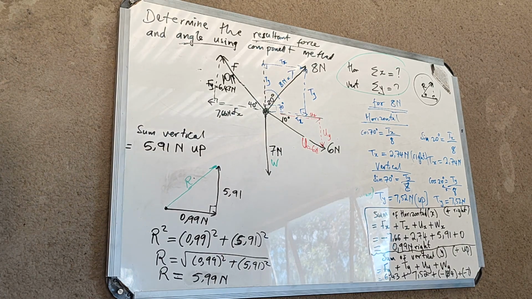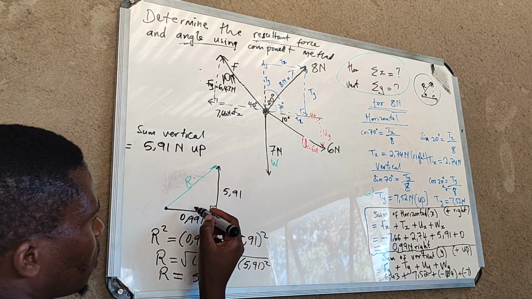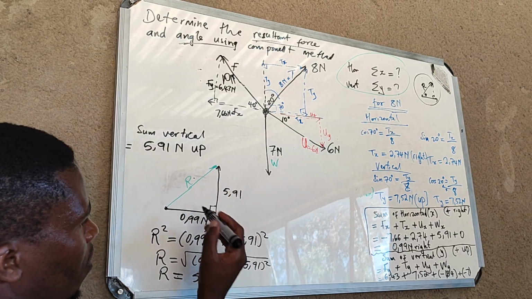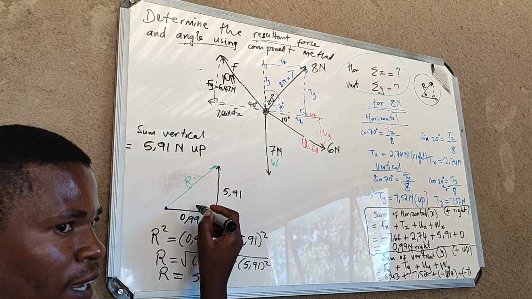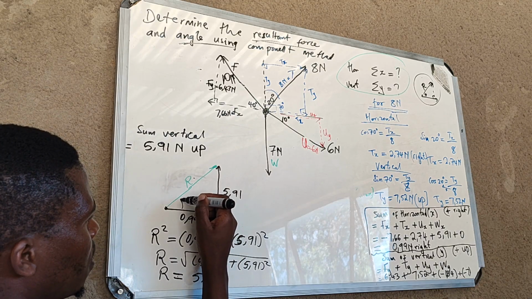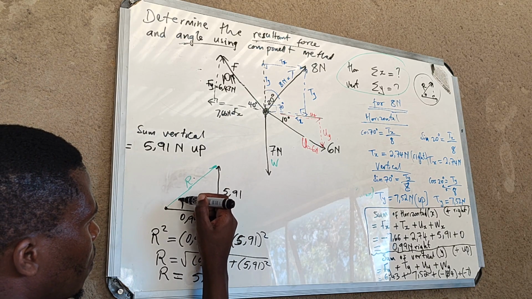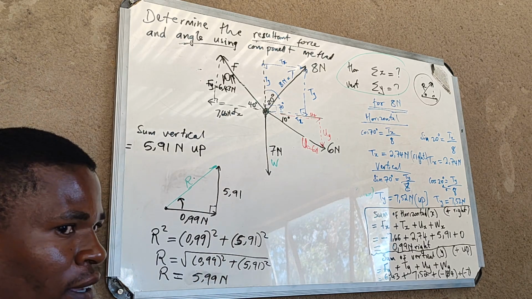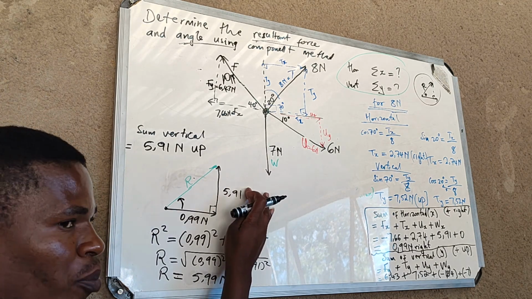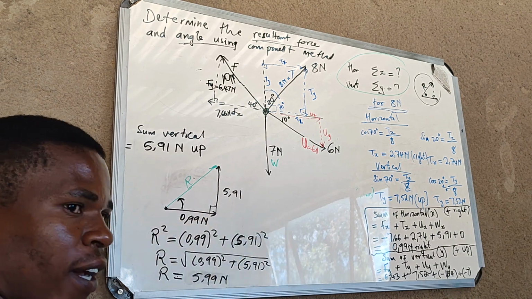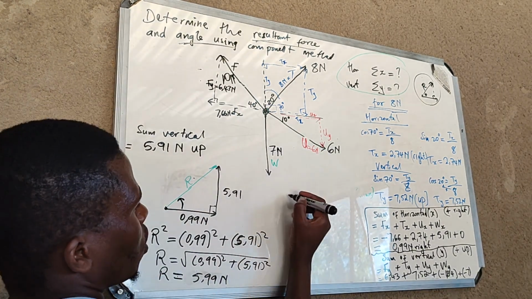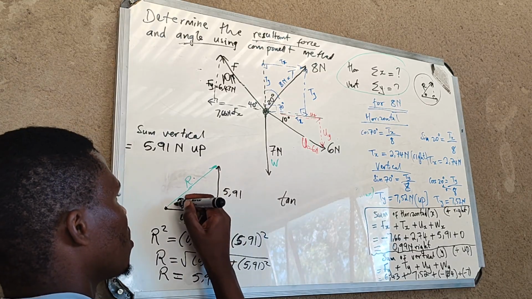Now let's go and get the angle. So obviously, to get the angle we said we calculate against the horizontal, okay? So it must be here. So what will be the angle? So obviously we can use opposite and adjacent. Use tan again. So that will be tan. Maybe we can give it theta.